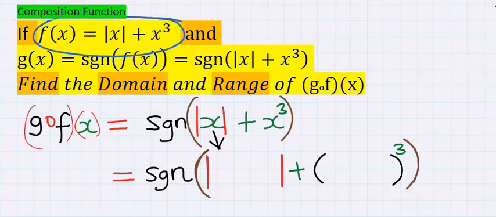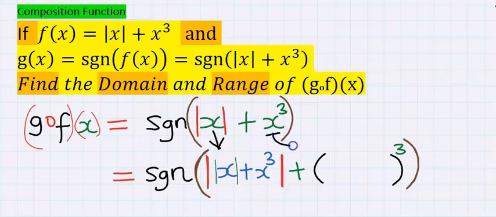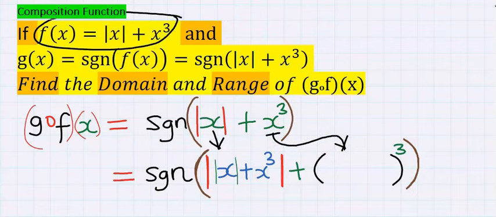which is x plus x to the power of 3, but here there is an absolute value. Everything here is just for this x. Next, this x is going to be replaced with f of x, which is the absolute value of x plus x to the power of 3.